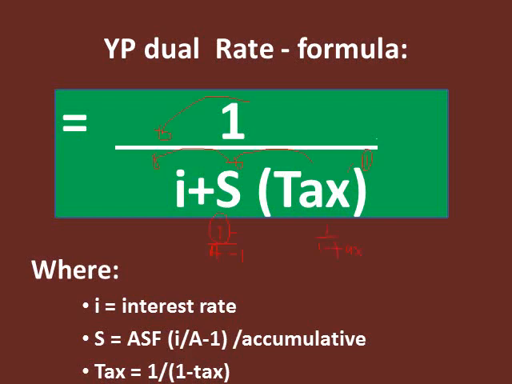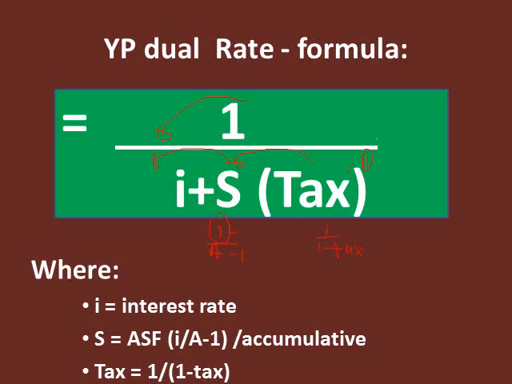Why is tax involved in the calculation of leasehold property? You need to look at what I mentioned before: it involves profit rentals. So when it involves a profit, automatically it will involve tax.